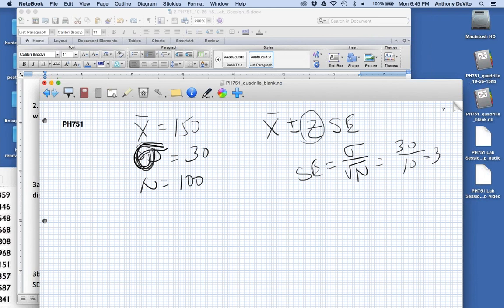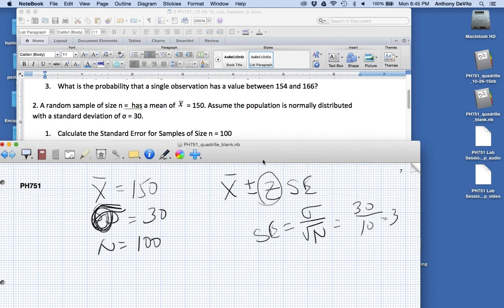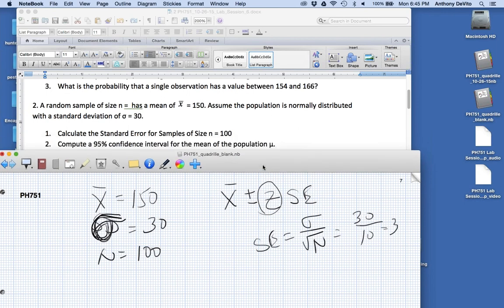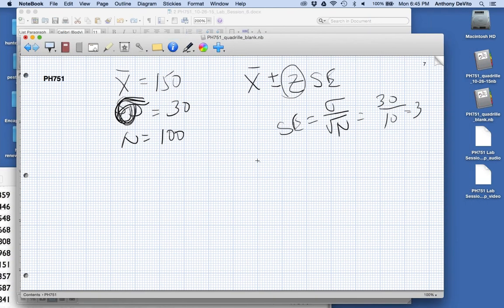And what's the value for z going to be? Actually, the first part was just that. Our standard error is equal to 3. Compute a 95% confidence interval for the mean of this population. Okay, so x bar is going to be 150 plus or minus. Now, what is z going to be?